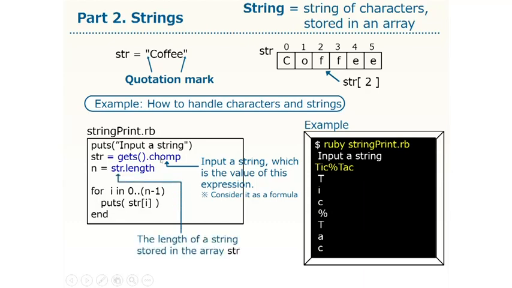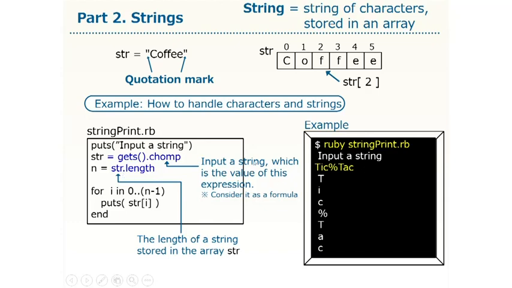Let's move on to the third line. By this statement, the length of the string in the array is obtained and it is stored in the variable n. Remember, we studied this command before. Yes, we used it to measure the number of boxes used in an array. Here, the number of boxes in str is nothing but the length of the string kept in the array or the string variable str.